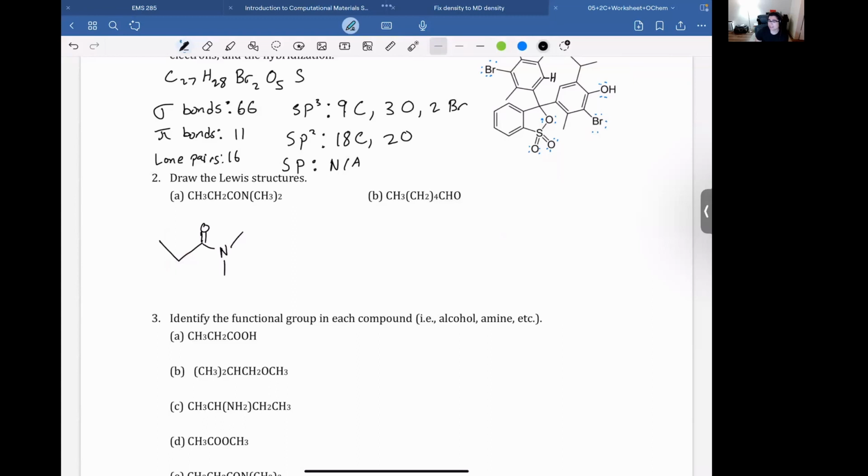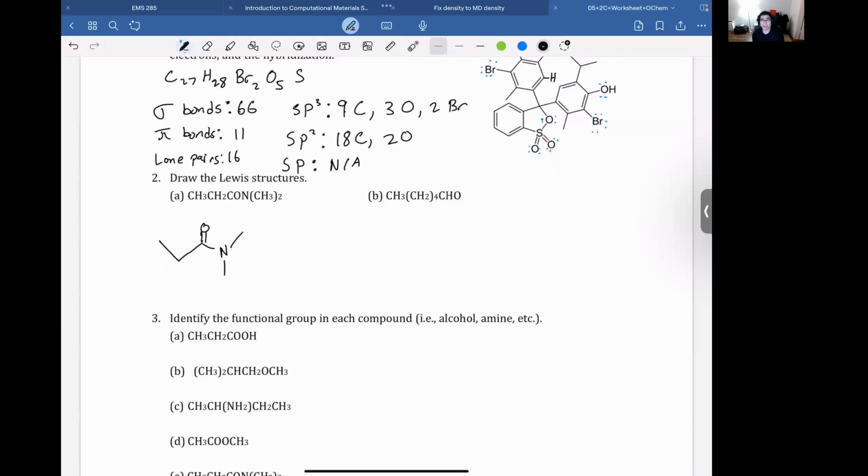If oxygen has a single bond to carbon, then it has the 2 methyl groups. You end up getting a positive formal charge, and then the nitrogen would end up having a -1 formal charge. That's not a very good structure. That's what we often say: you want to minimize the charge. So the oxygen gets the double bond, the nitrogen gets the 2 methyl groups.